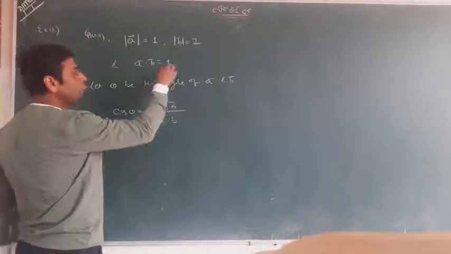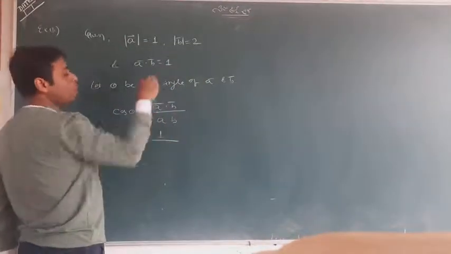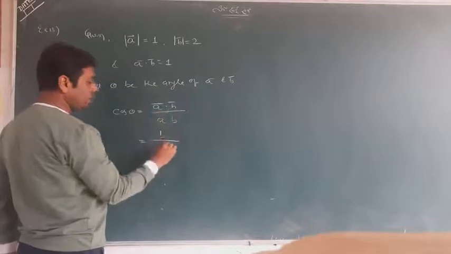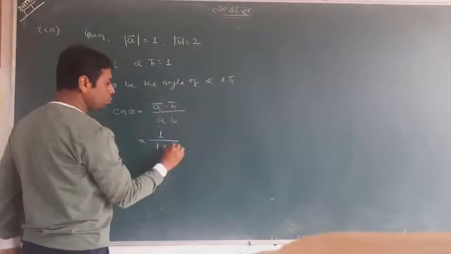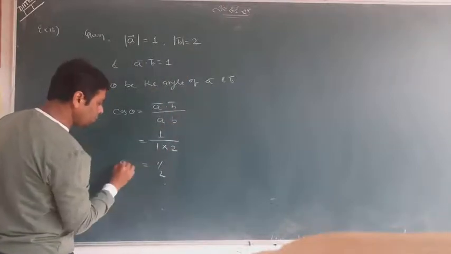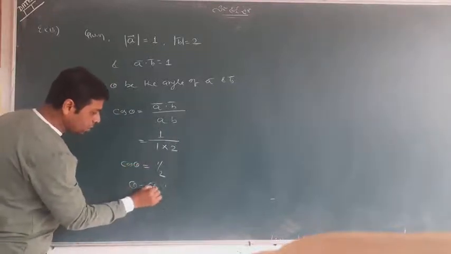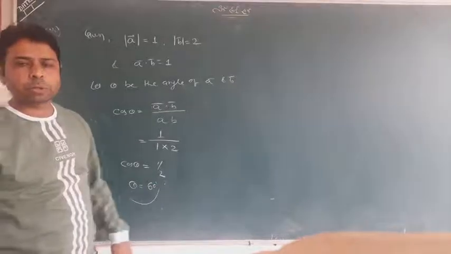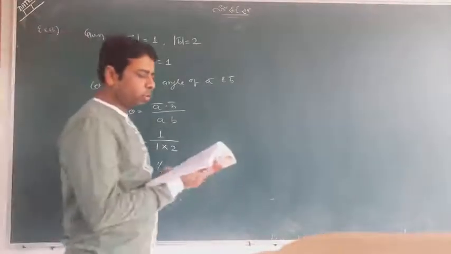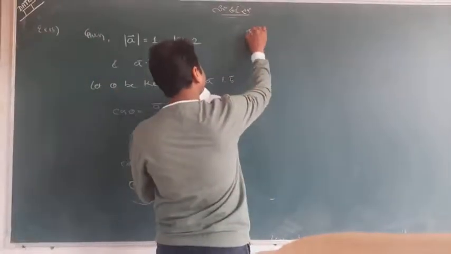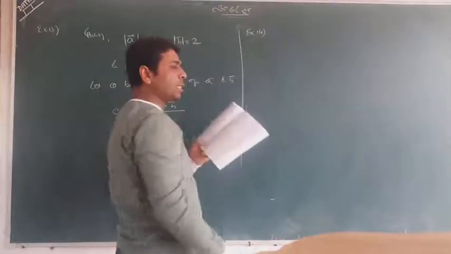So A dot B equal to 1, mod A is equal to 1, and mod B is equal to 2. So lastly we have got 1 by 2. You know that when cos theta is equal to half, theta is equal to 60 degrees. That was a simple question.